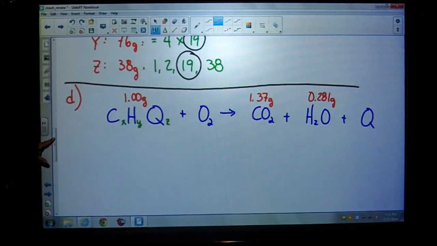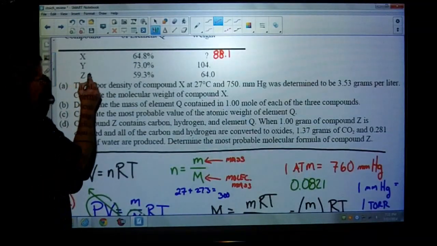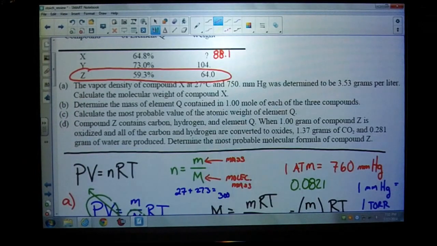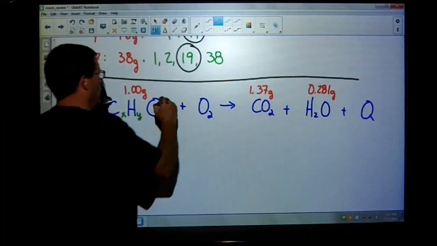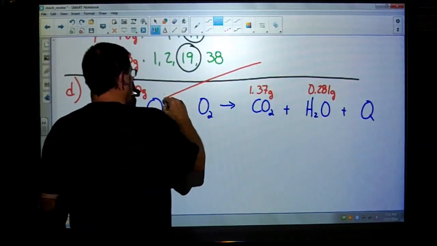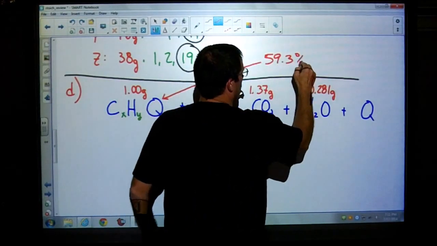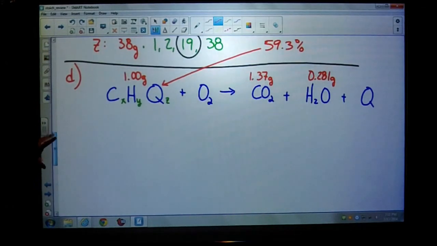Also, from a previous step, we know that we have in our table that Z contains 59.3% of compound Q. Okay, that might play a part in this, so it's probably not a bad idea to write that. So 59.3% might be helpful. We'll see.